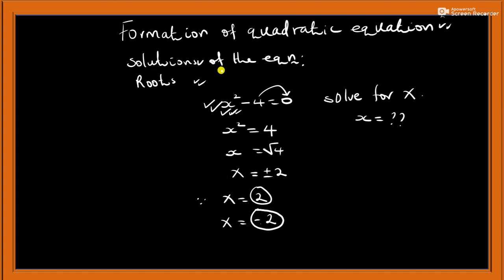So when I talk about the solution of the given equation, I mean the roots of the given equation, and I also mean the value of x which, when you substitute in this equation, gives you 0. In other words, the values of x which satisfy this equation are what we call the roots or the solutions of the equation.